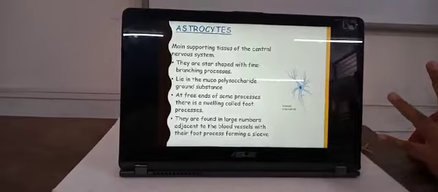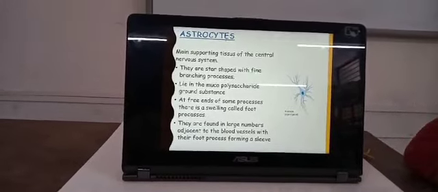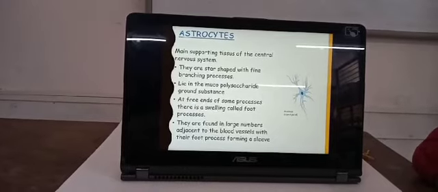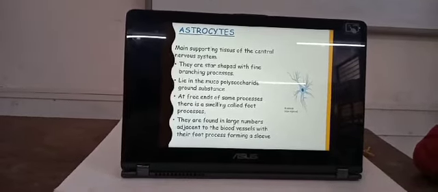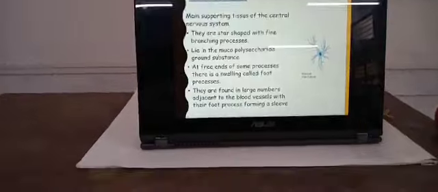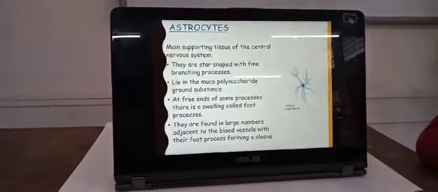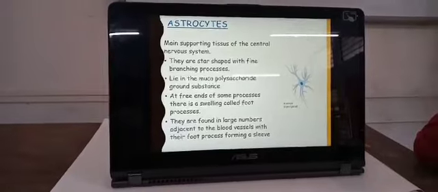The astrocytes, you can imagine it is more like a star shape with fine branching process. It lies in the mucopolysaccharide ground substance. You would have learnt about mucopolysaccharides in your school. What is a mucopolysaccharide?